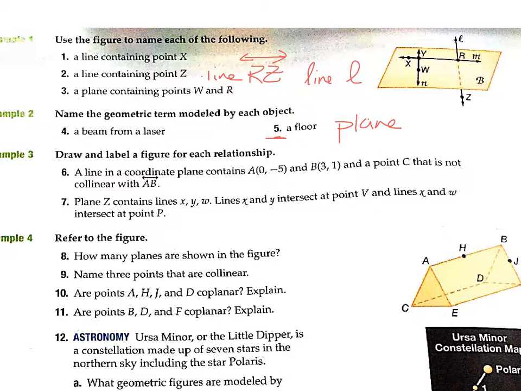Go to number 7. Plane Z contains lines X, Y, and W. Lines X and Y intersect at a point, V, and lines X and W intersect at a point, P. Okay, so how would you represent that? By drawing it. So I'm going to draw kind of like a flat surface.